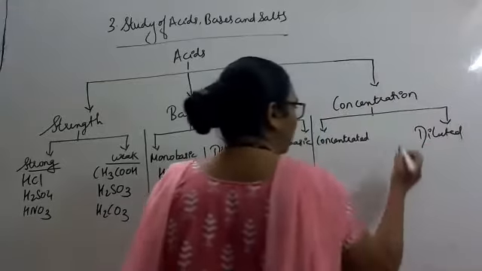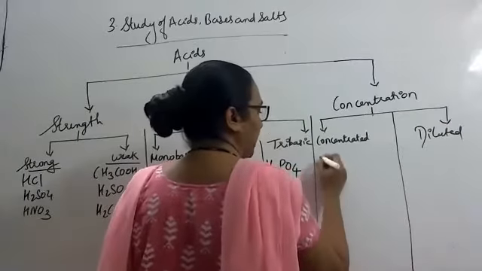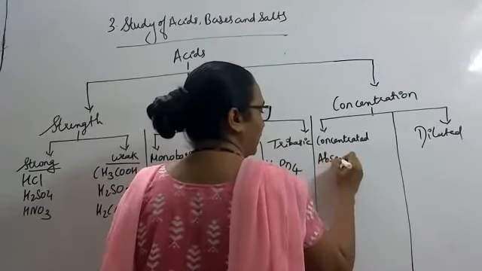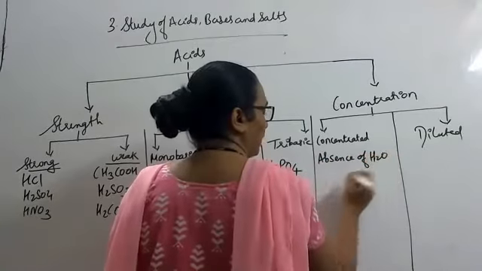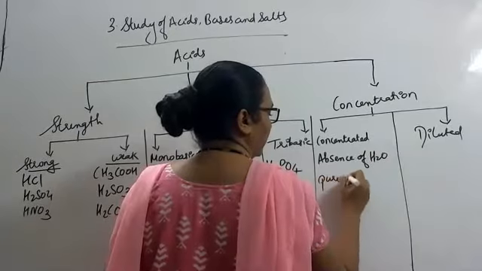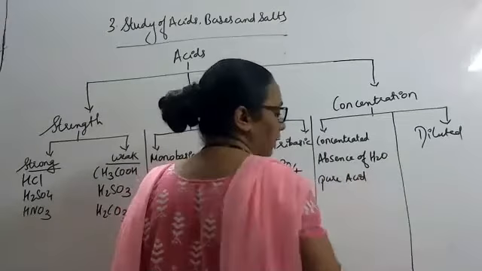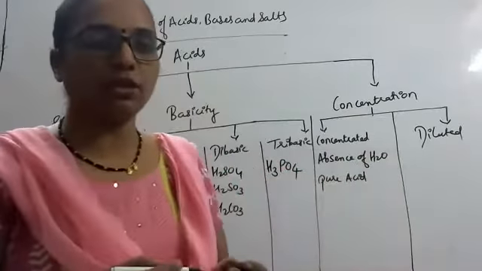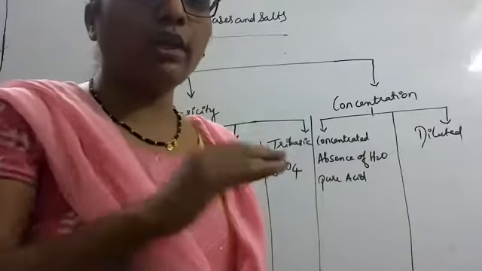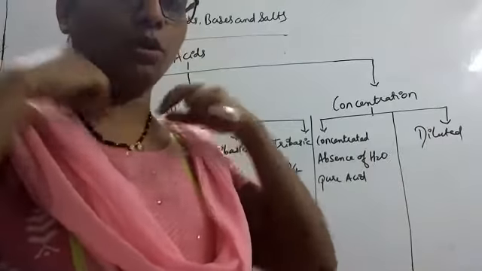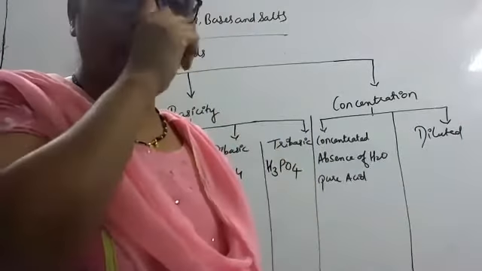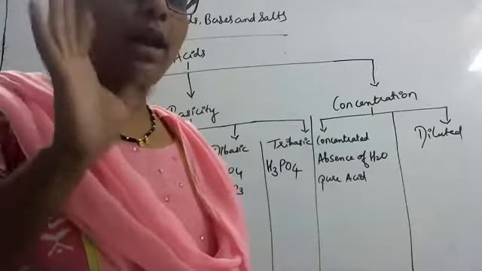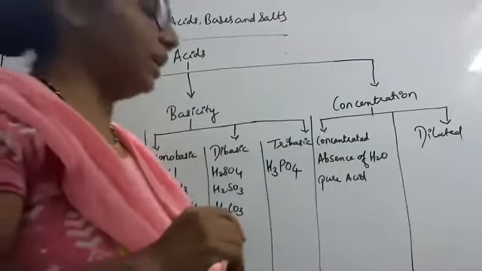Concentrated acid means the acid in which there is absence of water. That means there is only pure acid, the pure acid that we manufacture in the company, which does not have even a drop of water. That is called a concentrated acid.